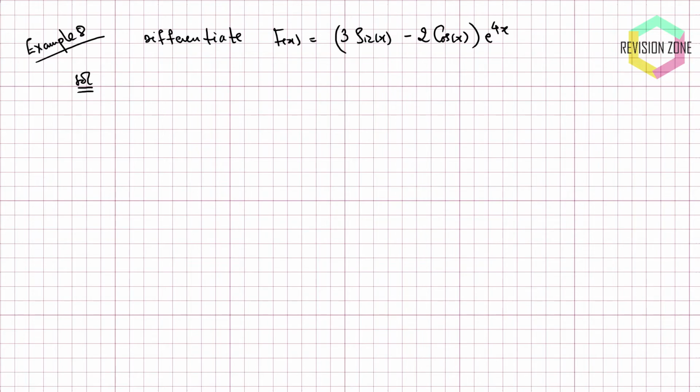So let us take capital F of x to be lowercase f times by lowercase g, where our lowercase f of x can be defined to be 3 sine x minus 2 cos x, and of course our lowercase g of x can just be taken to be e to the power of 4x.